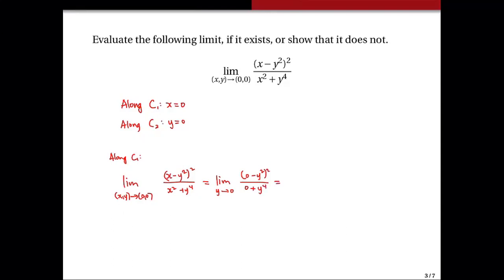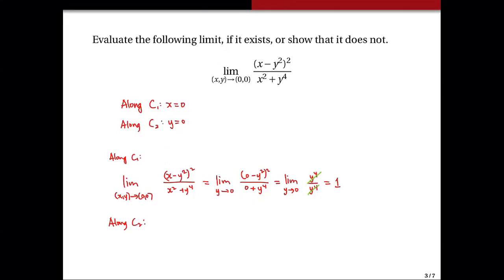But this one here, it's just what? We have the limit as y goes to 0 of y to the 4 over y to the 4. So in here, these two guys cancel, so it's just equal to 1. So the limit here equals 1.